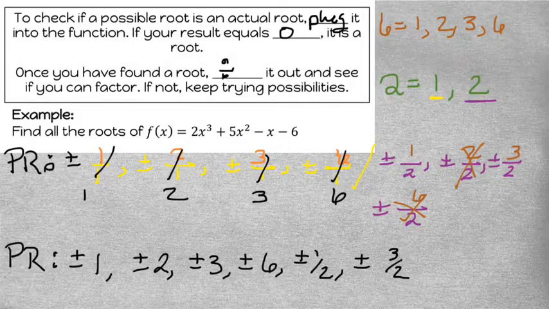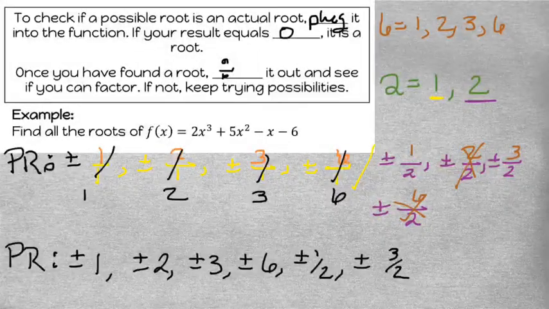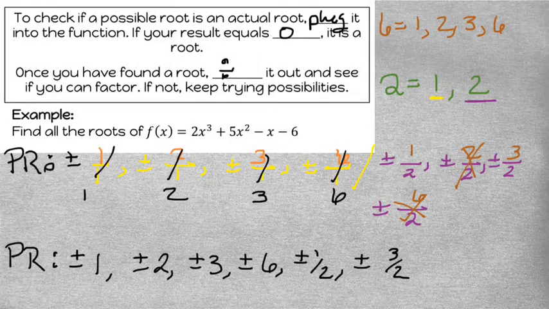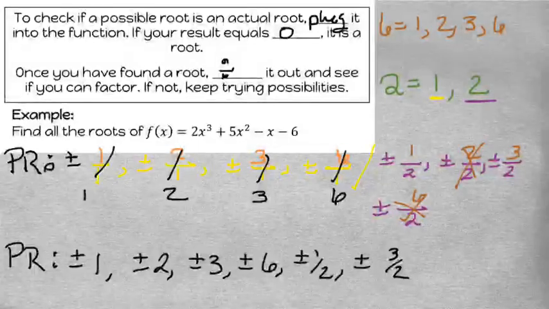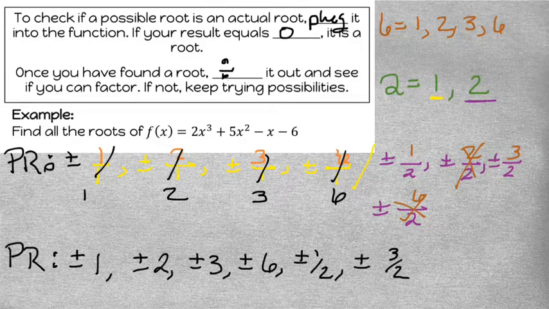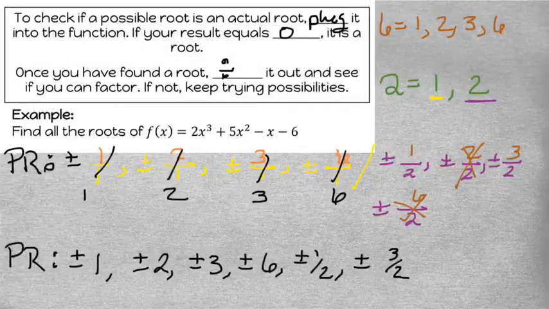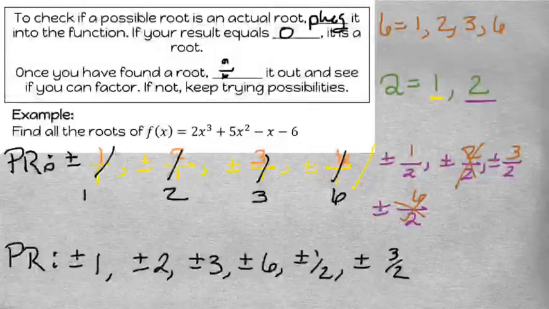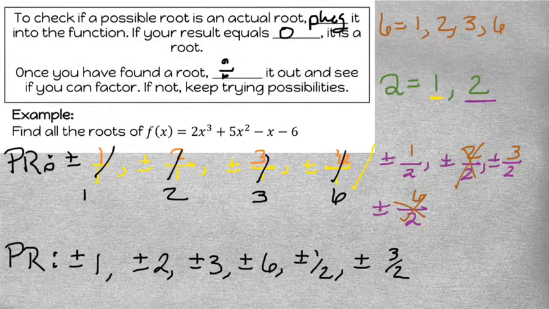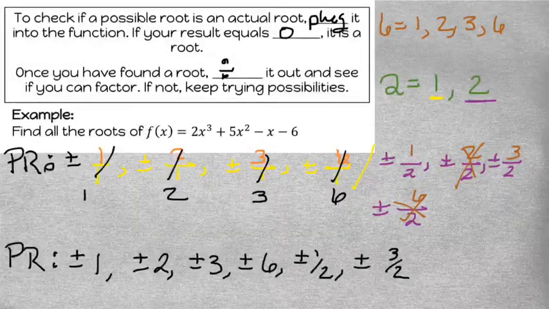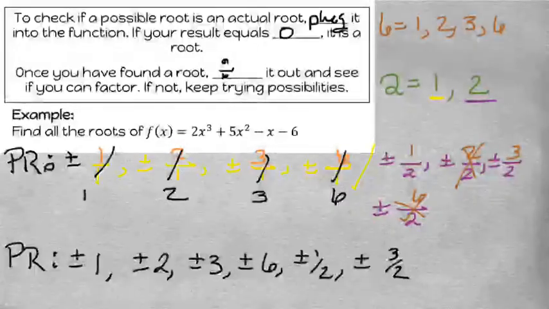And then we had it all divided by 2, and the 2 halves and the 6 halves both reduced, 2 halves becoming 1, 6 halves becoming 3. And we had already used those numbers, so we do not have to write them again. And so your possible roots became plus or minus 1, plus or minus 2, plus or minus 3, plus or minus 6, plus or minus 1 half, plus or minus 3 halves.